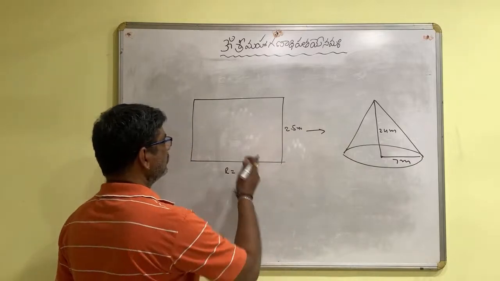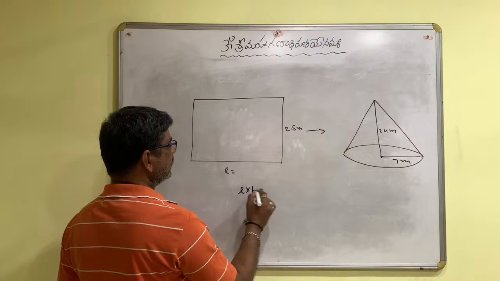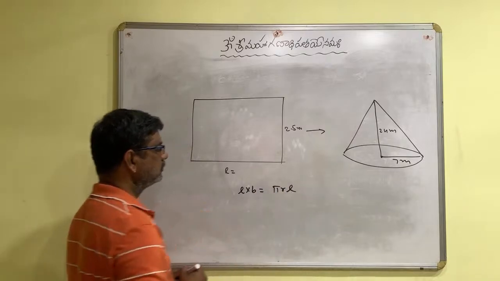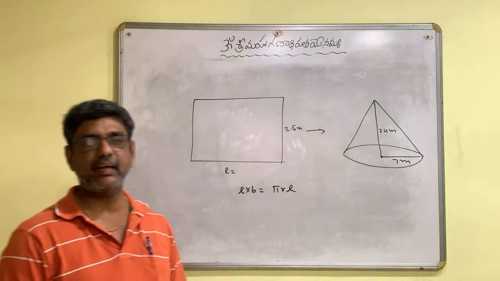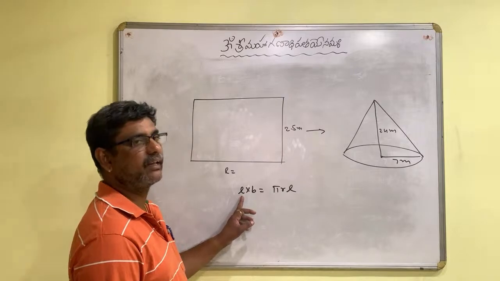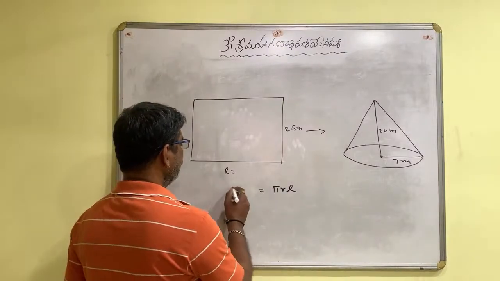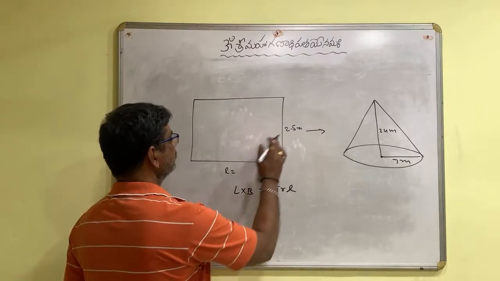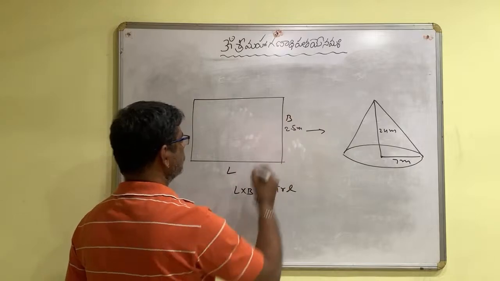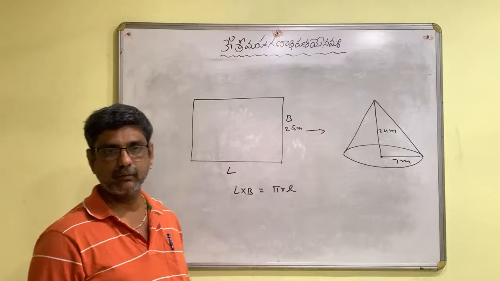Now, the relation between these two figures is: area of rectangle is equal to curved surface area of cone. Here L is the length of the rectangle and B is the breadth.